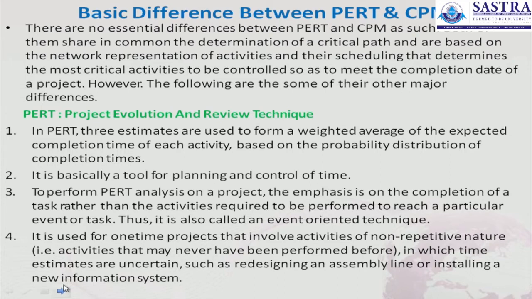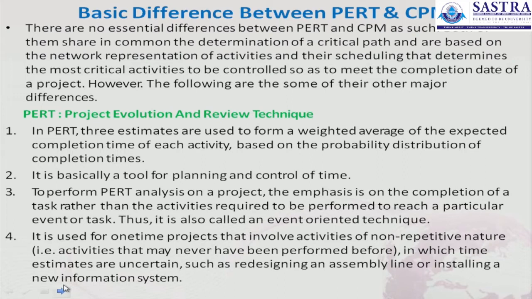The second thing is, it is basically a tool for planning and control of time. The third one is to perform a PERT analysis on a project, with emphasis on the completion of a task rather than the activities required to reach a particular event or task. It is also called an event orientation technique, as we already discussed in the table.